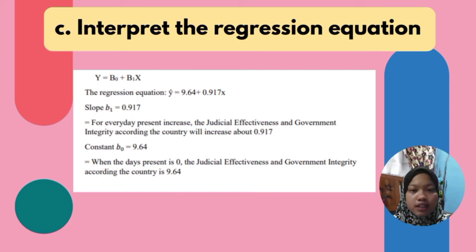Lastly, interpret the regression equation. I use the formula y hat equals b0 plus b1x. The regression equation is y hat equals 9.64 plus 0.917x. The slope b1 is 0.917.